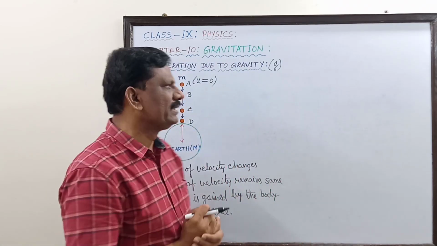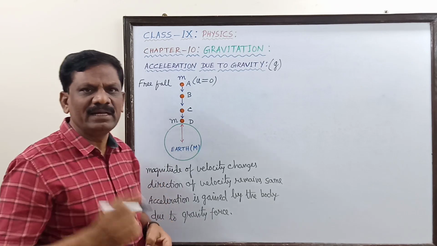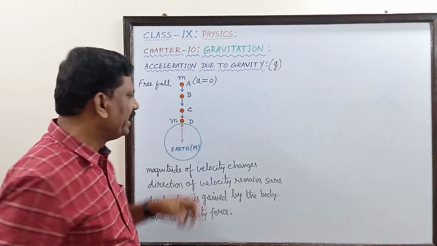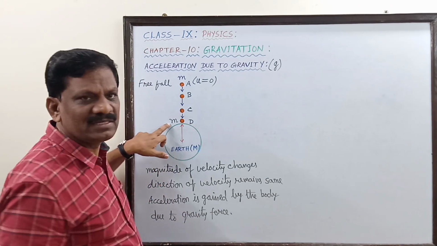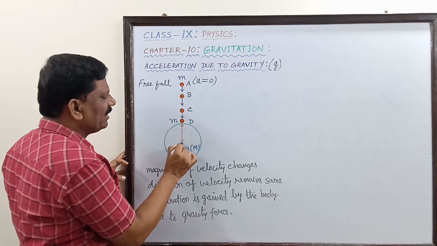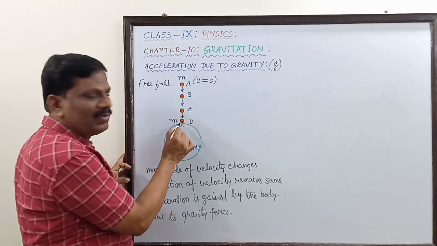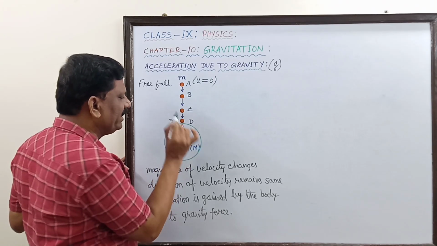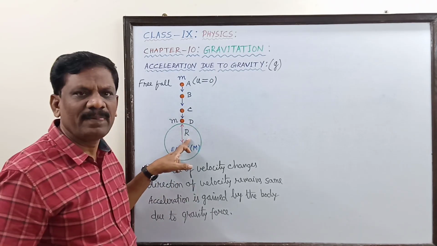Okay. Now let us assume the body has reached the point D. After reaching the point D, this body of mass small m will be at rest, and the distance from the center of the earth to the center of this small mass m is nearly equal to the radius of the earth.